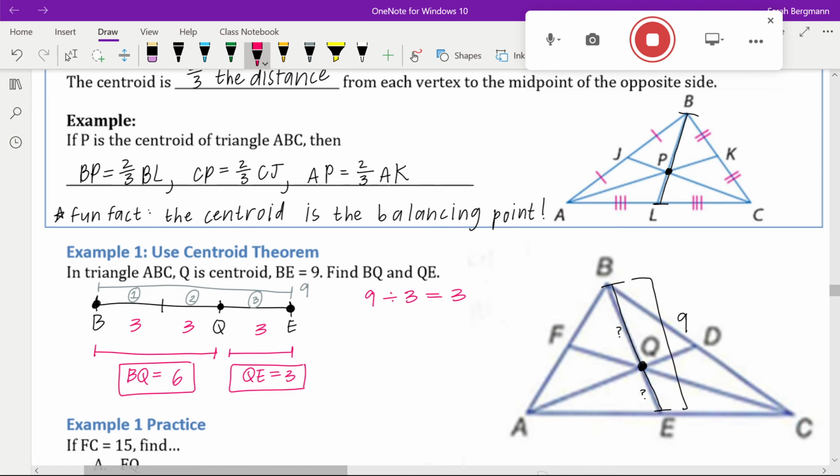If you'd like to solve this using an equation, you could say BQ equals 2/3 of BE, so BQ equals 2/3 of 9. 2/3 times 9 equals 6. If I know BQ is 6, then I could use the segment addition postulate to find that QE would have to be 3.